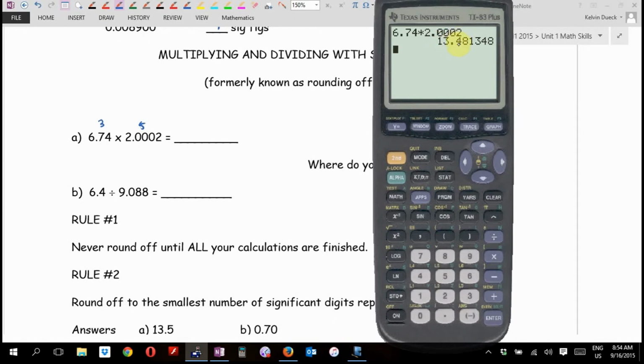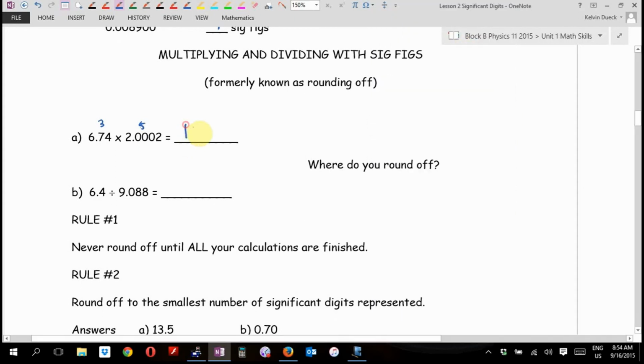The 3 sig figs is right there, and you'll notice you've never heard me say decimal places because it's going to vary from number to number. That's when people were saying, how many decimal places? Can't answer that. So that's a 4. What's next to the 4? Am I going to leave the 4 a 4, or is it going to round up? To the correct number of sig figs, this would be 13.5.